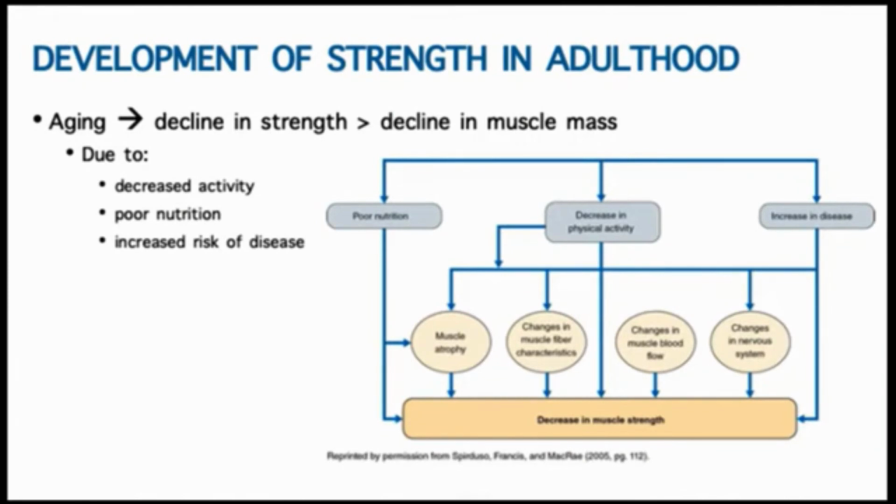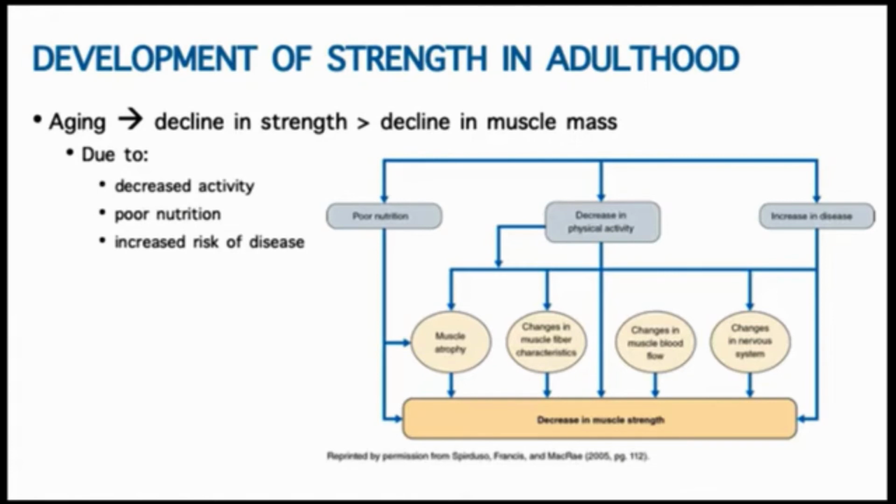But we also have to talk about age, right? And how we start to shrivel when we get older. We know that aging results in a decline in strength, and that's largely going to be greater than the decline in muscle mass. Again, muscle mass, although related to strength, is not the primary or determining factor of strength.